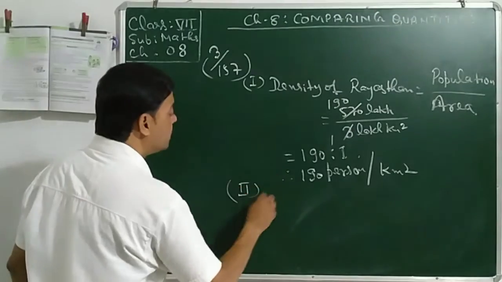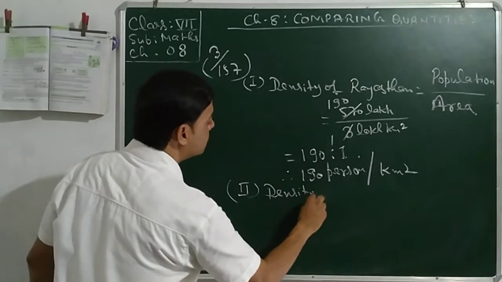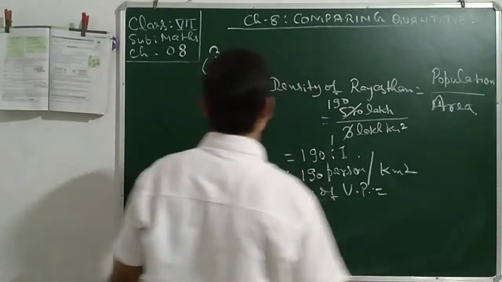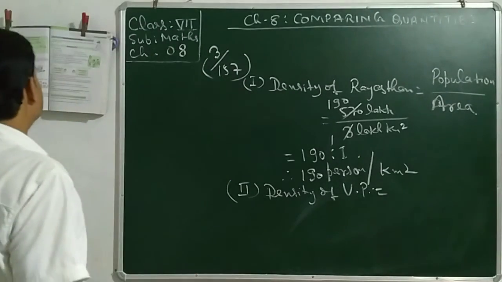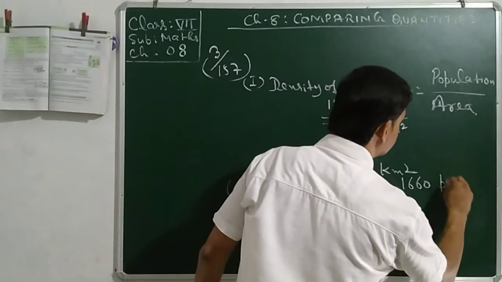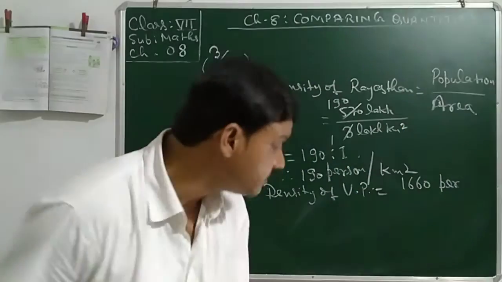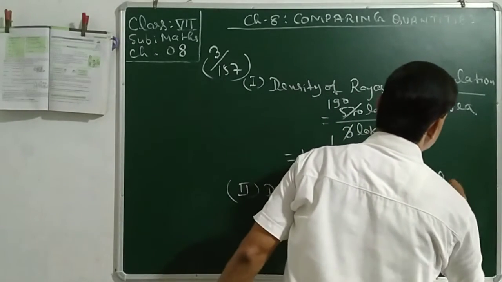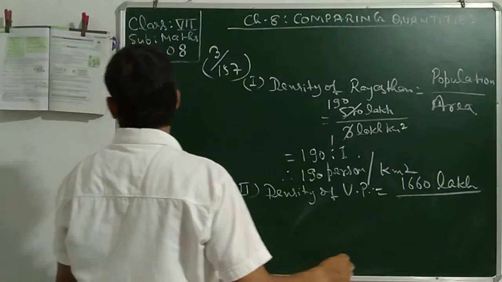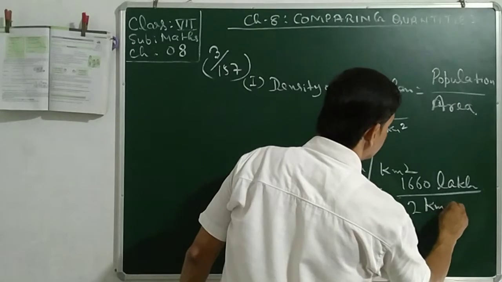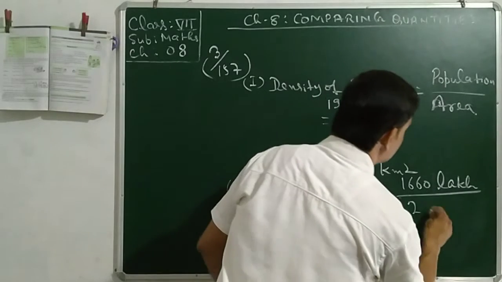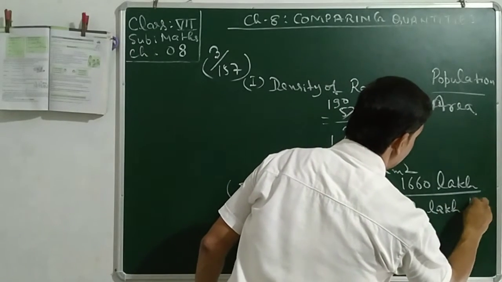And second one, density of UP. Once again we will divide the population by area. So population was here 1660 lakh, and area was 2 lakh square kilometer.